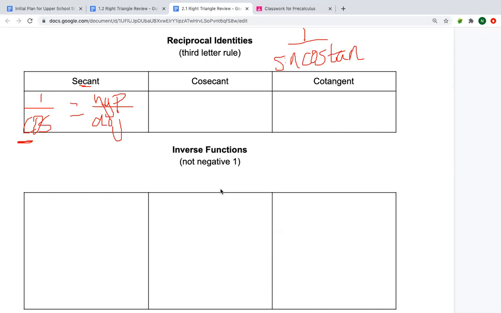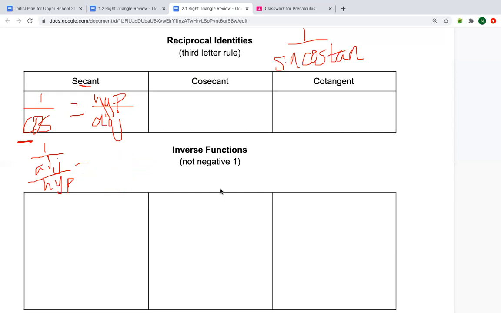Yeah, so because it's 1 over cosine, it's a reciprocal, which means a reciprocal is where you flip the fraction. So when you have 1 over cosine, cosine was adjacent over hypotenuse. And so now we flip the fraction and we would have hypotenuse over adjacent. Okay, that makes sense. So these two things are the same.